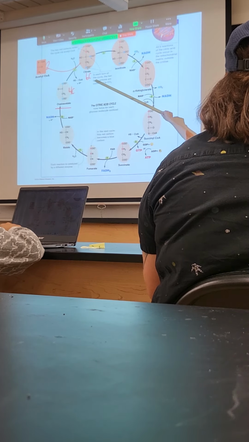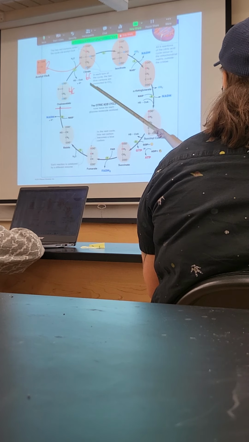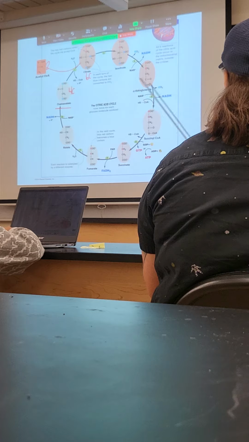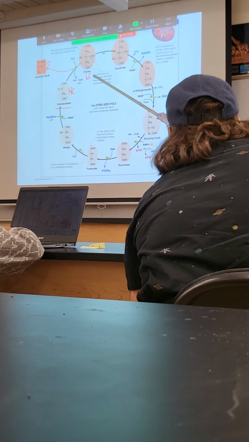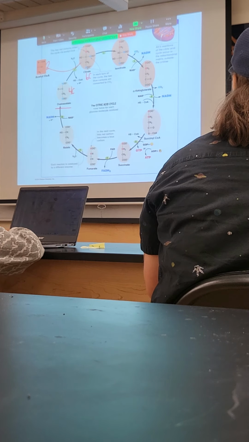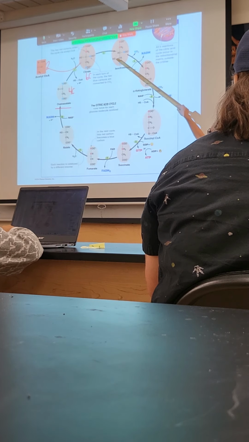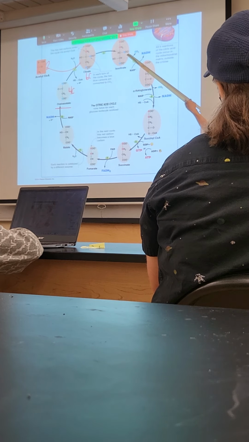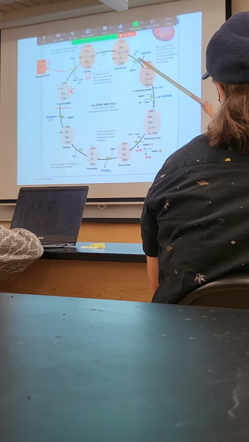So we have a 6 carbon compound. I will not ask you to know all the reaction types, but you probably could figure them out, right, for the most part. Citrate is reorganized. So what is it called when you reorganize something? Isomerization to get isocitrate. Then we have a decarboxylation where we lose one of the CO2 groups.